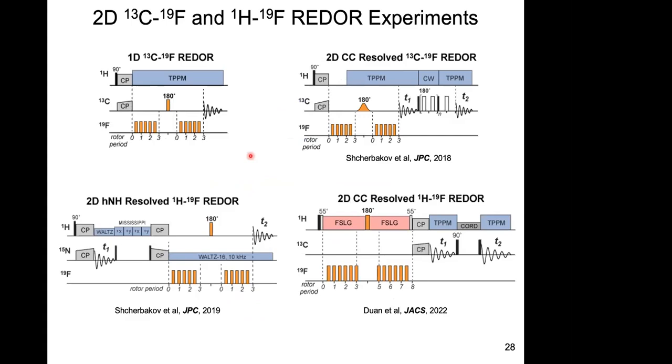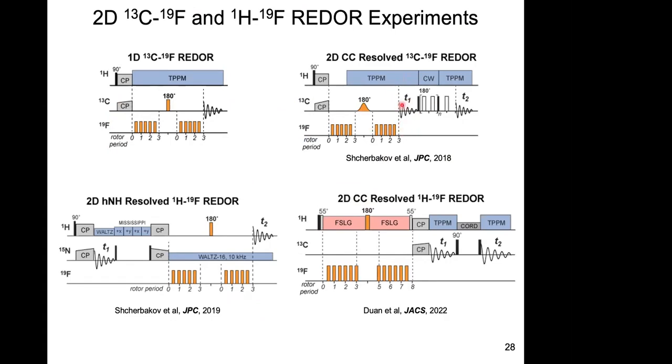All right, so the REDOR experiment is the basis of recent development of fluorine REDOR, including in a two-dimensional way. So again, I sketched the basic REDOR, and I want to show this now for a carbon-fluorine combination. But we say, well, in 1D carbon detection, I can only resolve a limited number of signals, so I cannot measure many distances. I sure want to do this faster by doing a 2D carbon-carbon correlation.